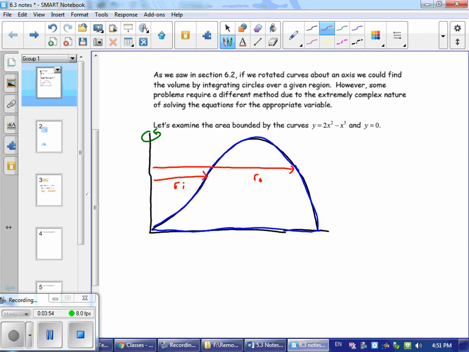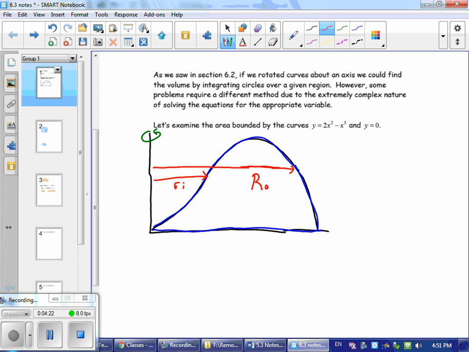All right, actually, let's use capital R for that, for the outside. The problem with this is, one, it's the same function. The inside radius and the outside radius actually attach to the same function. That makes it more challenging to do.